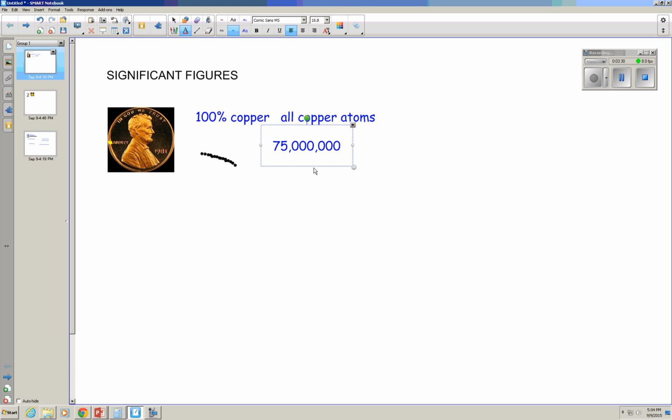It's actually pretty close to the actual number, right? 75 million atoms. Now, here's where I have to make a little bit of a stretch. Let's say I know the diameter of a copper atom exactly. Turns out they're so small, we just can't measure them exactly. Well, let's just say I did.